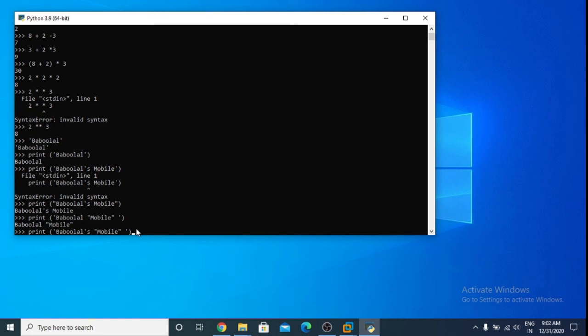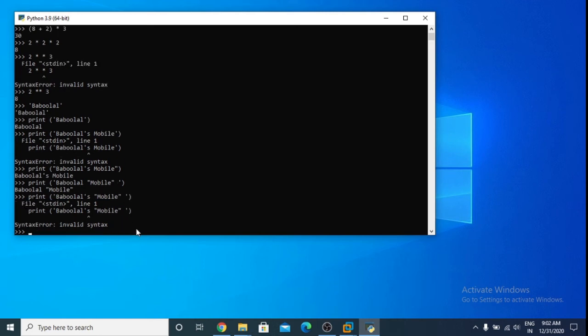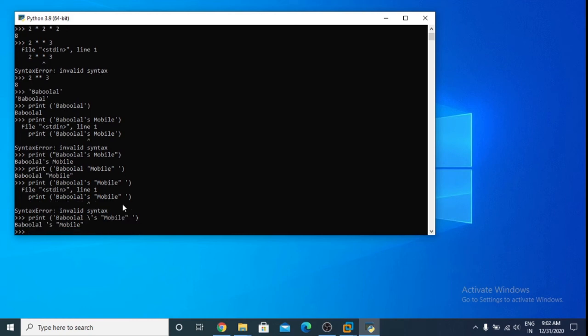Okay, so it will give us a syntax error. Okay, so in this type you use a backslash. Okay, now this is okay. Babulal's mobile.